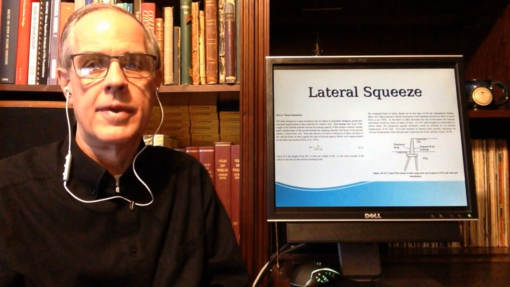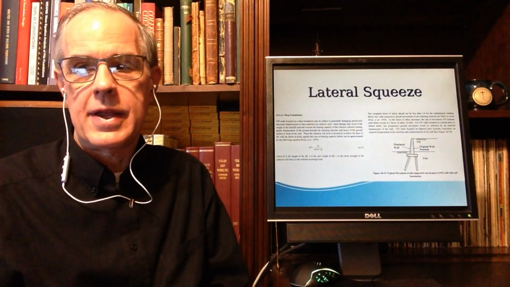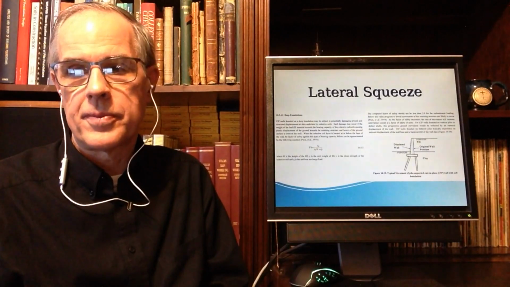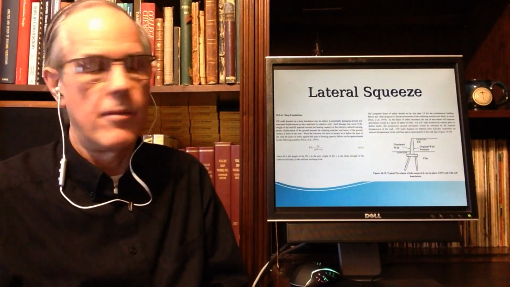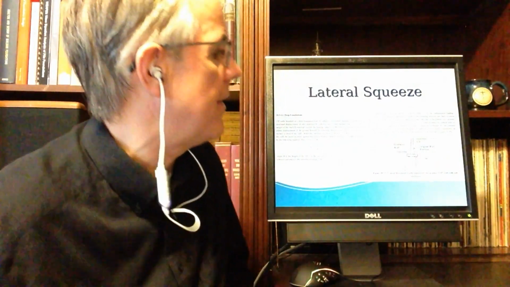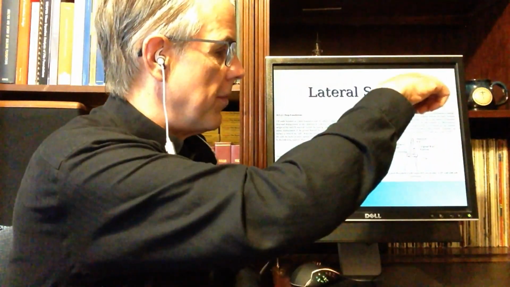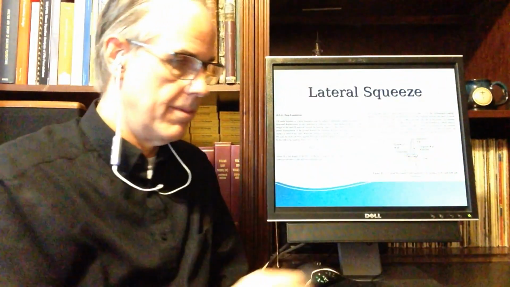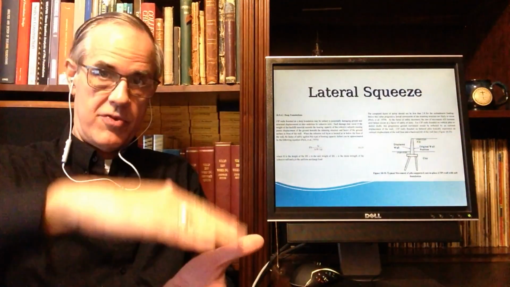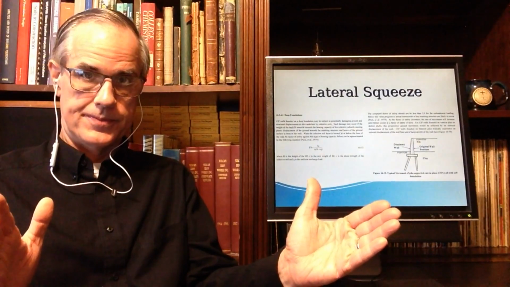Lateral squeeze. Particularly in situations where you have additional loading, you will get lateral squeeze. Basically what that means is you've got a load here, you're pushing down here, and if you remember from lateral pressure theory, you push this way, you get this way.